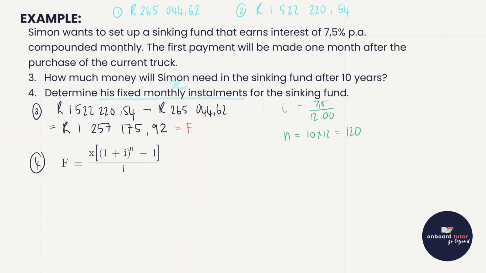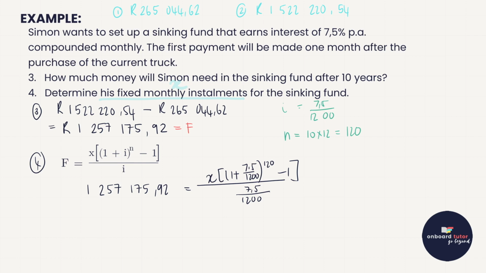Okay, so now we are at a point where we can substitute into our formula the future value: 1,257,175.92 is equal to X multiplied by 1 plus the interest there, 7.5 over 1,200, to the power of 120, minus 1, all divided by 7.5 over 1,200.